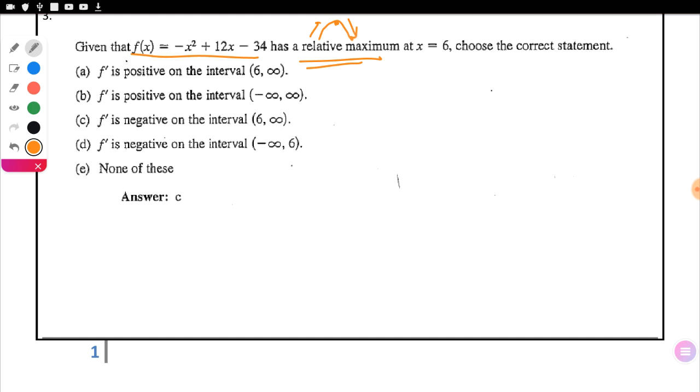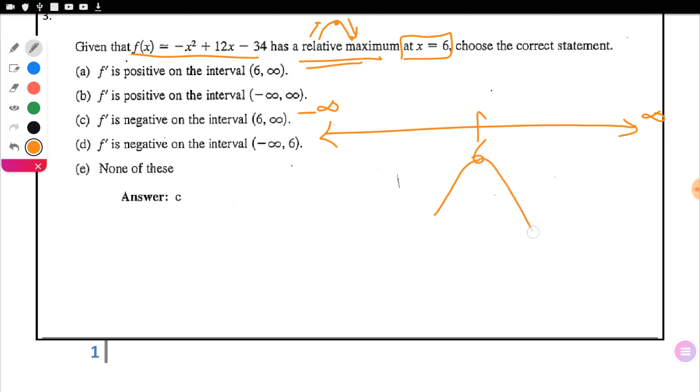6. If I draw like this one, I don't need to do anything, just draw the line. Focus with me. At x equals 6, that is the critical number. Here negative infinity and here what? Infinity. I don't need to do anything, just interpret the given. Relative maximum means it increases to reach the relative maximum, then decreases again.